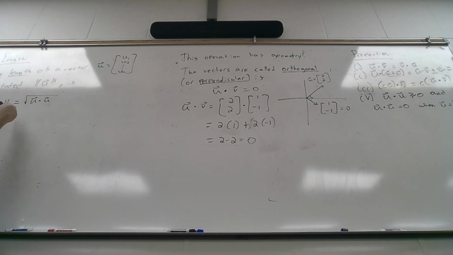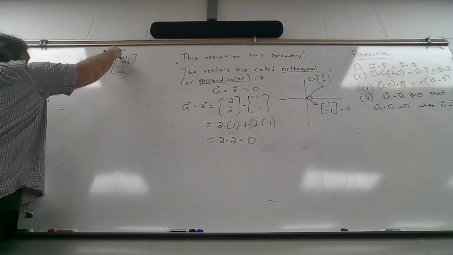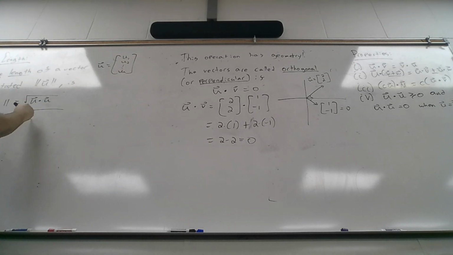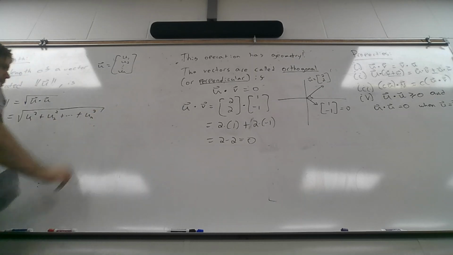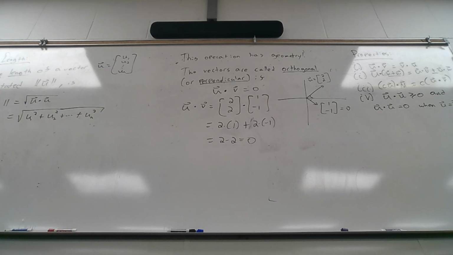So what does this end up looking like? Well, if we have a vector that looks like this, we're going to do this number times itself, so u1 squared, plus the second number times itself, and so on. And you've got all these things squared. Now, if you have a very good memory for high school stuff, this formula probably looks like something you've seen before, where you've got a bunch of numbers squared, added up, and then you take the square root of it.